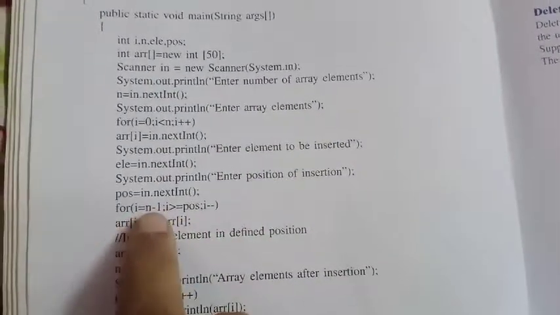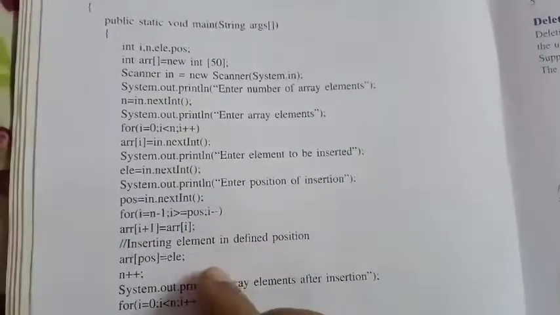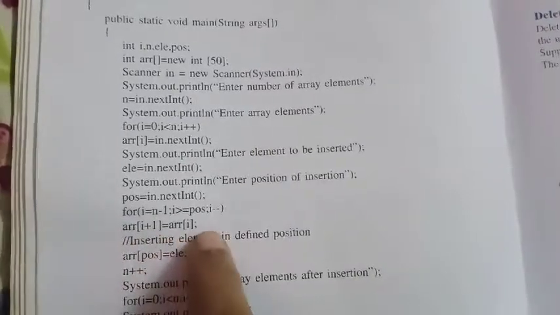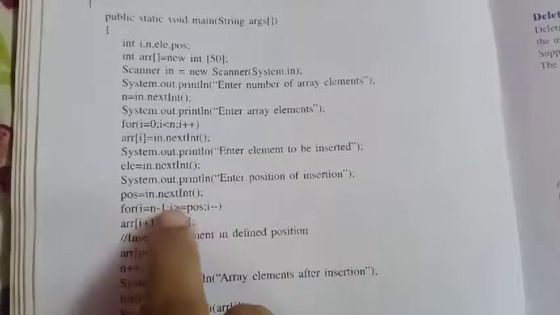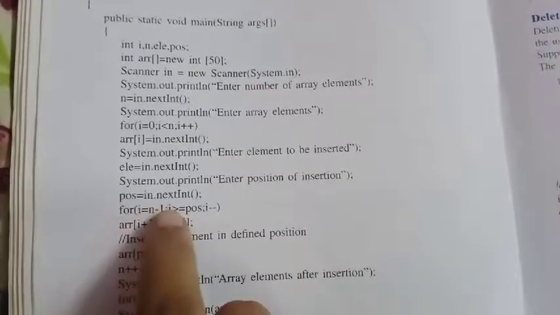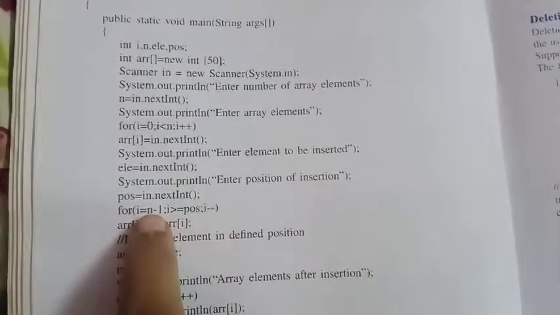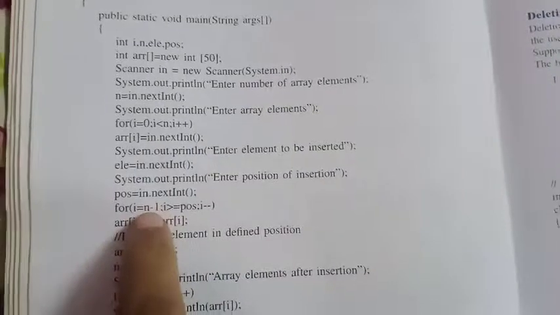So we are going to shift it one position to the right. So array of i plus 1 is equal to array of i. This means, see, if i is equal to n minus 1, for example, you have 5 elements in total, and with 5 elements the last element will be at the 4th subscript.